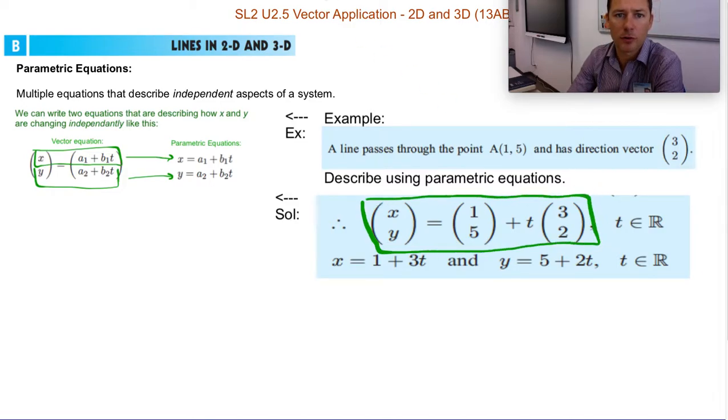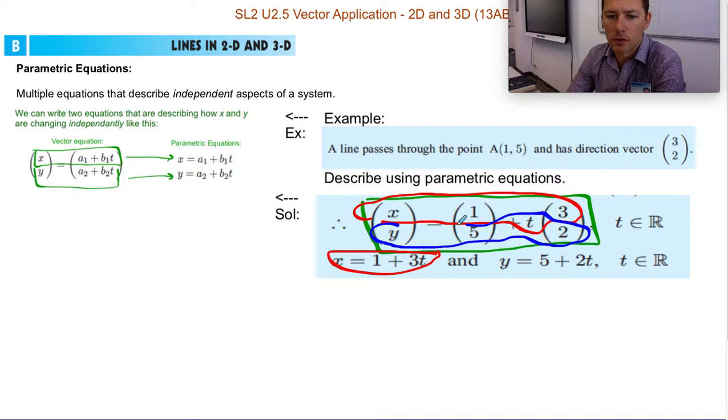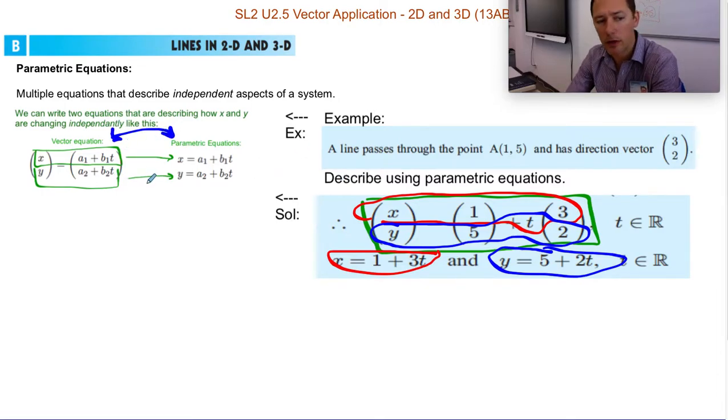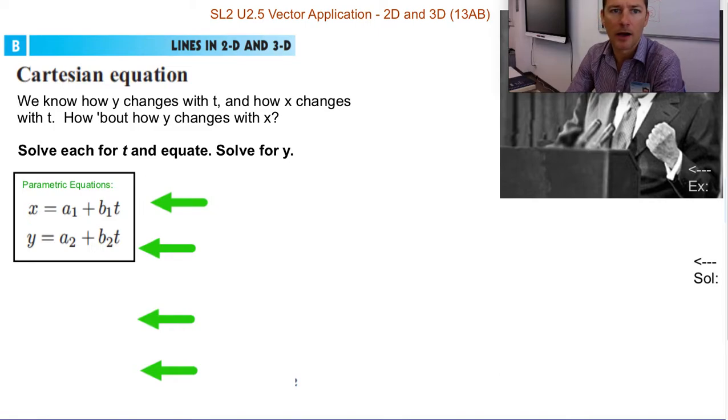So the parametric equations for it are just this top part, x is 1 plus 3t, and the bottom portion, y is 5 plus 2t. They're equivalent ways to talk about an equation, and we can do things with the two of them that are a little bit different, and that's where we're going next.